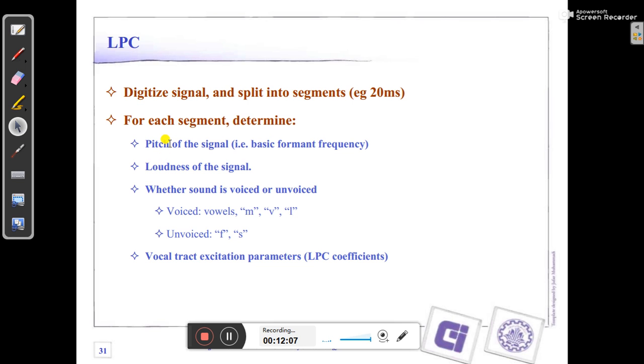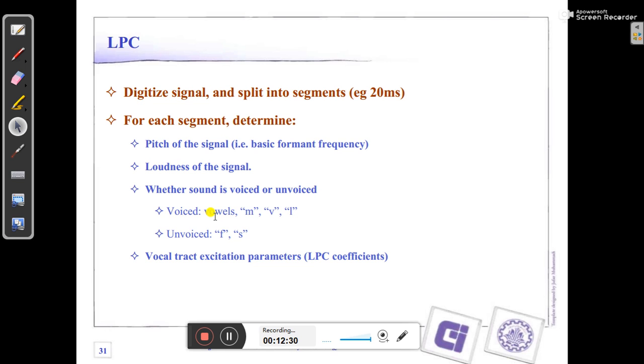In LPC, we digitize the signal and split it into segments, for example 20 milliseconds. For each segment, we need to determine this information. First, the pitch of the signal, which is the basic formant frequency, the loudness of the signal, and whether the sound is voiced or unvoiced.